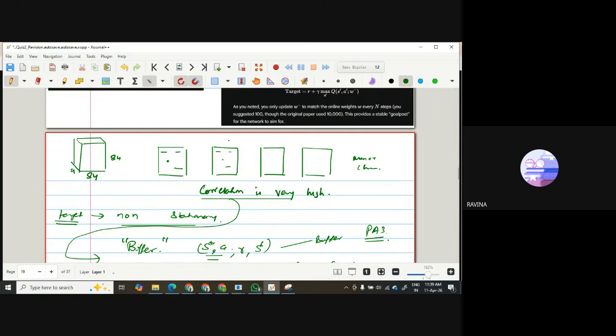From the buffer, if we select randomly, we could in principle pick a bunch which are totally, highly correlated. It is possible in random selection, but the probability will be very, very less, since we are talking about millions and billions of samples.